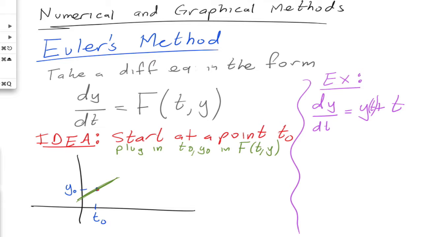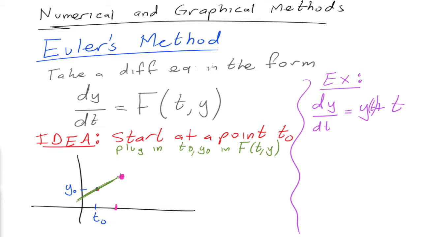Then what can you do from that? You can approximate where you're going to be, because you know the rate of change. If the slope of my tangent line looks like that green line, wouldn't it be safe to say that if I take a step of a certain length, that would be my approximated value, that pink dot right there?